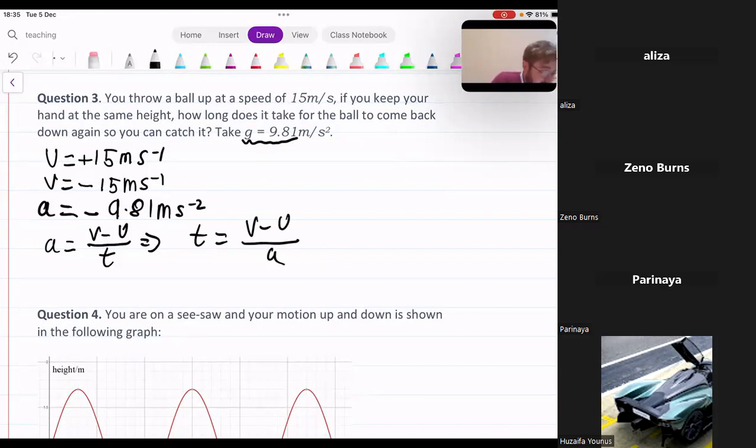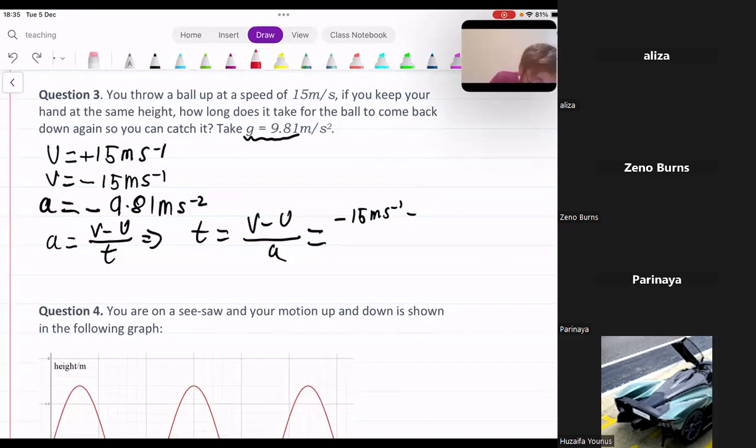Acceleration. So if we put this in, the final speed is negative 15 meters per second. The initial speed was plus 15 meters a second, but we're taking it away. We have 15 minus 15.